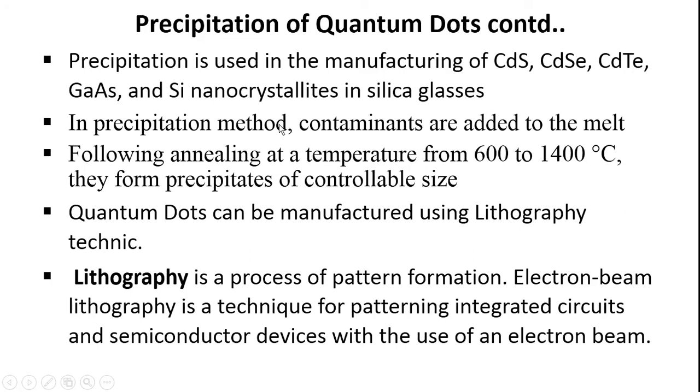In the precipitation method, contaminants are added to the melt. Contaminants means the solutions, the material which has to be precipitated, that are added to the melt. This process takes place at high temperature, following an annealing process at a temperature of about 600 to 1400 degrees centigrade. Under this condition, they form precipitates of controllable size.